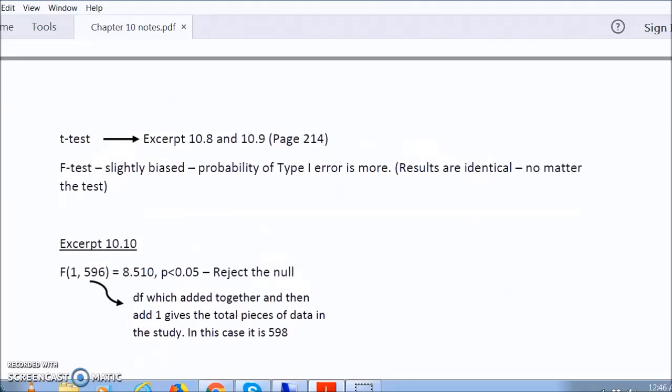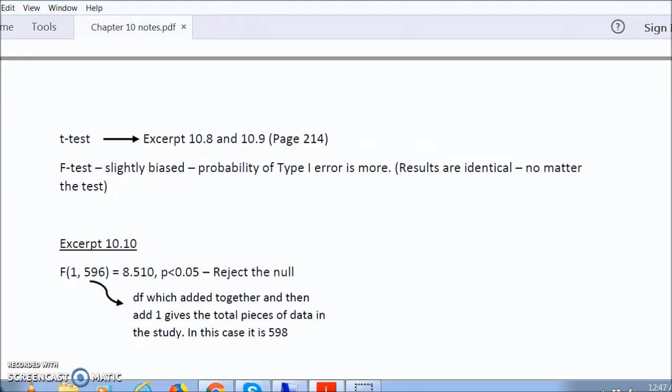But you want to know whether the test or the experiment has direction or non-direction, whether it is one-tailed or two-tailed. So let's look at page number 214 for your excerpts 10.8 and 10.9.